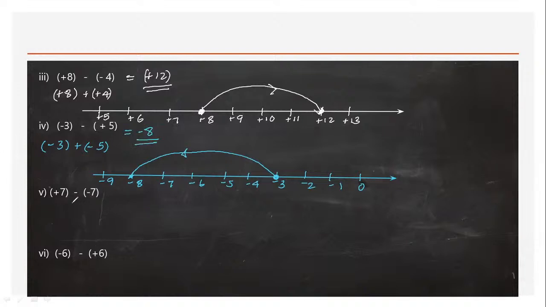Here also we have to use the number line. Plus 7 minus, I will write that positive, and here I will write the additive inverse, minus 7. Now let's draw the number line here. Plus 5, plus 6. I will start to mark from positive values, right?